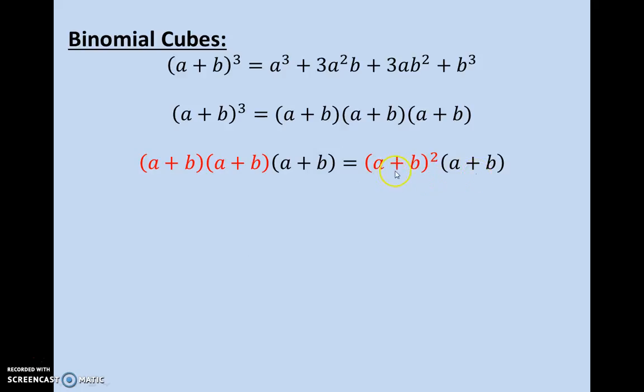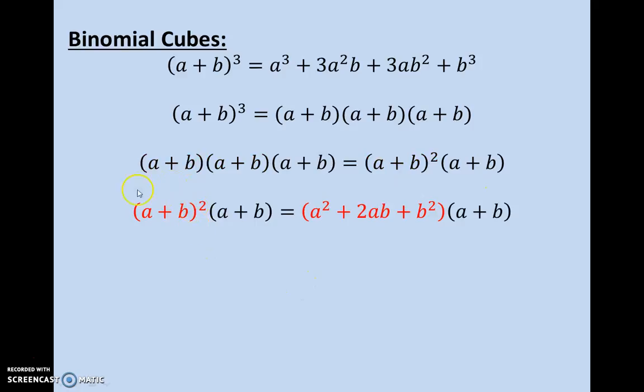So the product pattern of (a plus b) squared is here, a squared plus 2ab plus b squared. This is the pattern we just learned when we're squaring a binomial. And we're going to distribute it with a plus b. That's the third of these binomials that we're multiplying through.